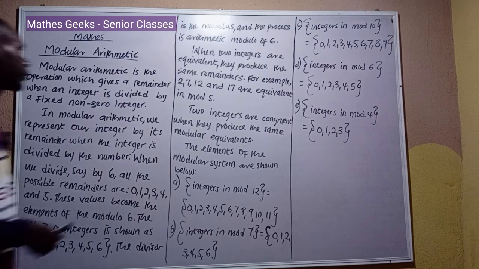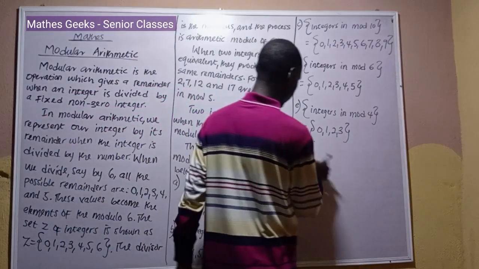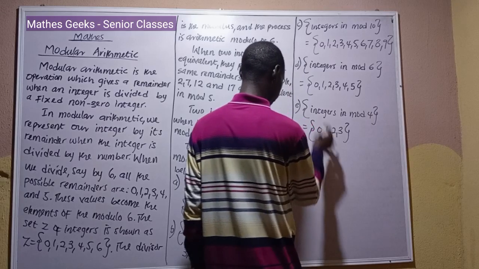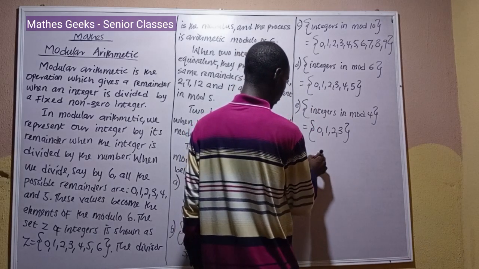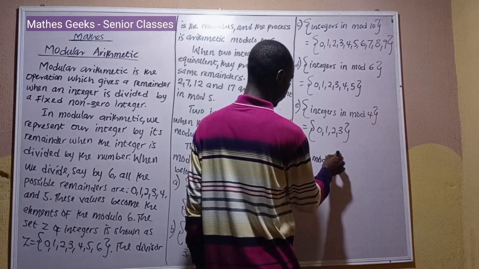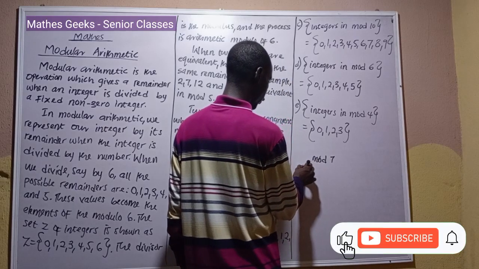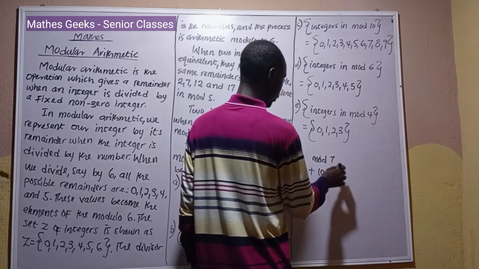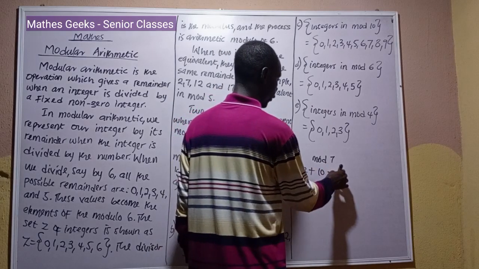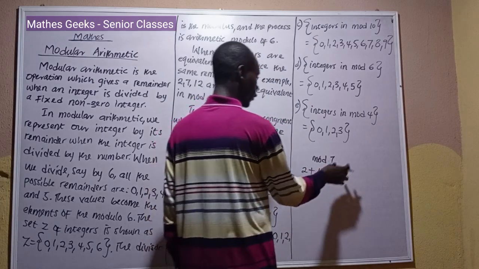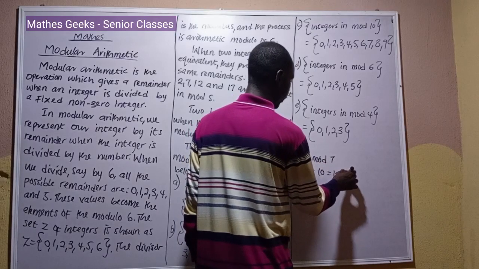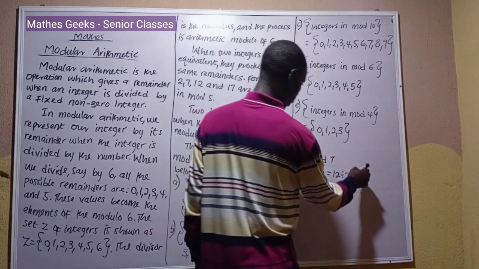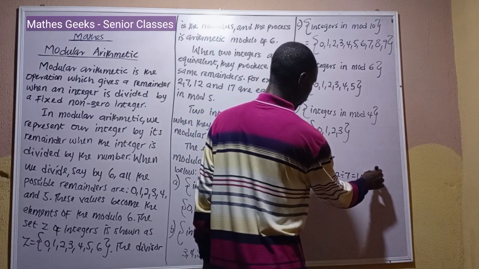So what that means is that to carry out a particular operation in, let's say, mod 7, 2 plus 10 gives us 12. If we carry out this sum in mod 7, we divide it by 7. So 12 divided by 7 gives us 1 remainder 5.